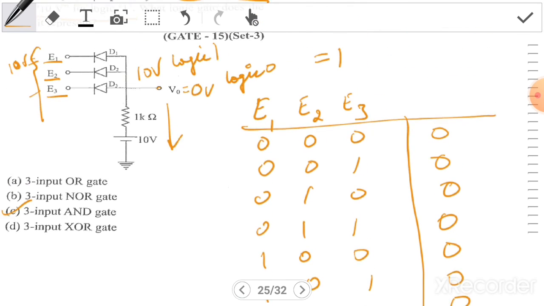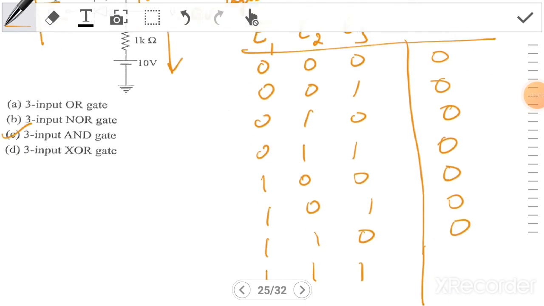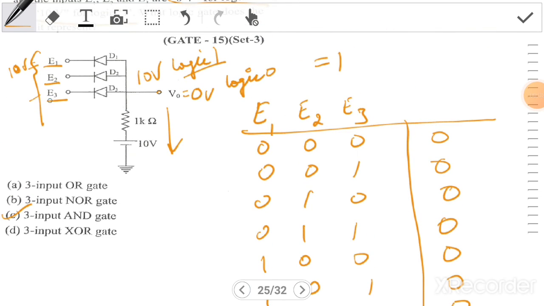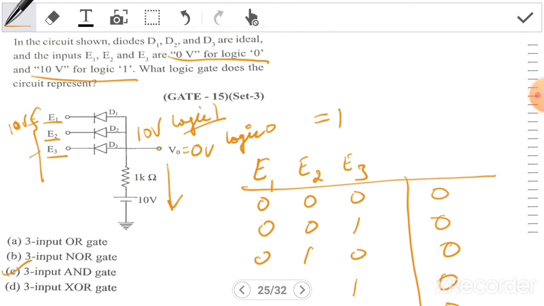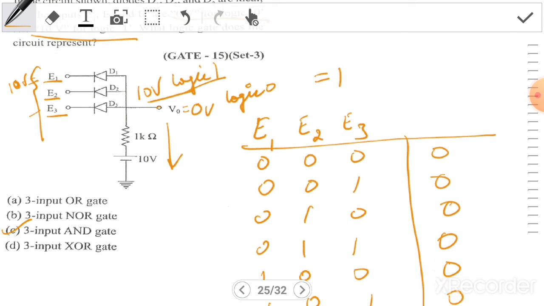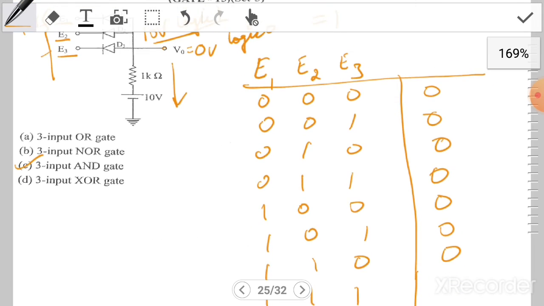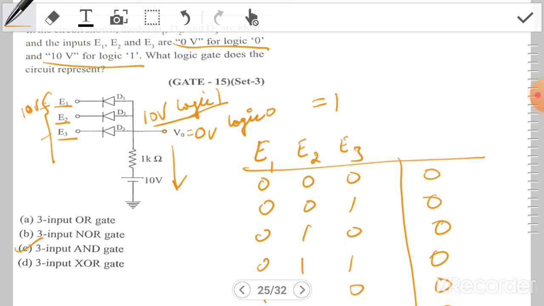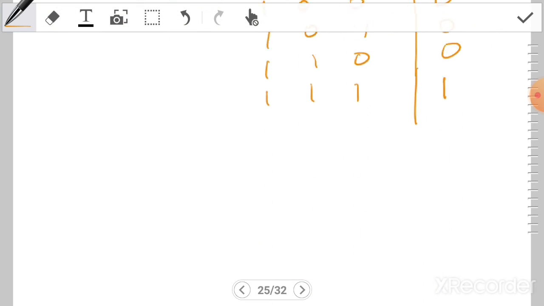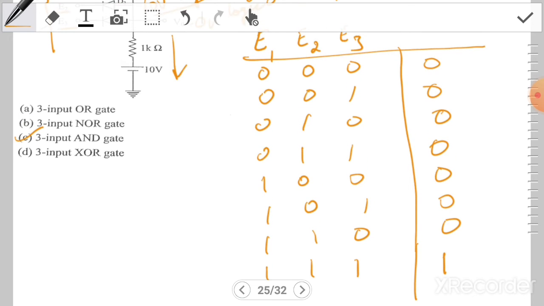And when all of the 3, E1, E2, E3, are 10 volt, diodes are off and no current flows through this resistor. So then only we have 1 as the output, logic 1 at the output. So this truth table is that of a 3 input AND gate.